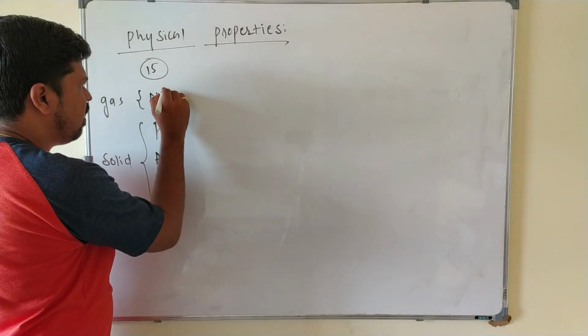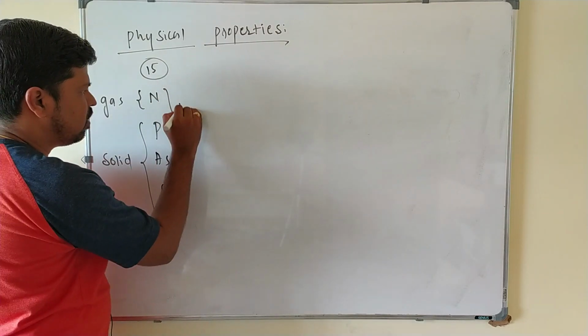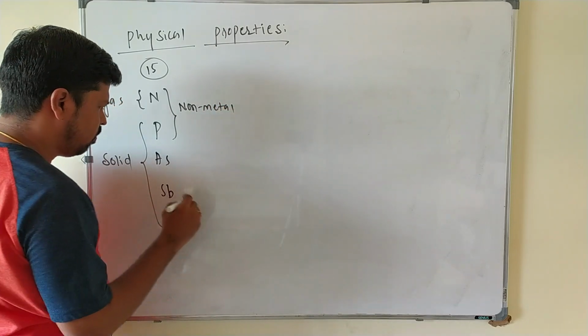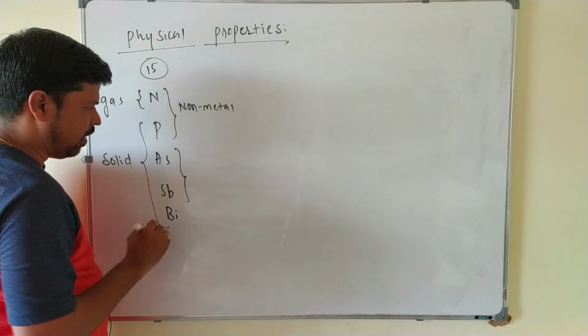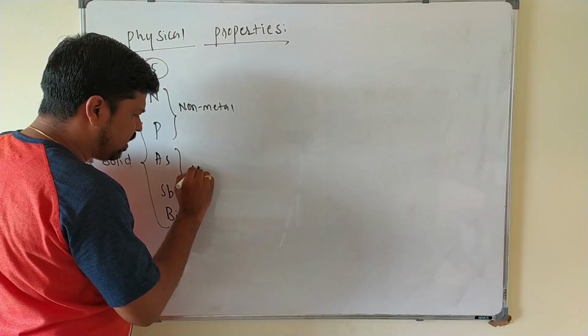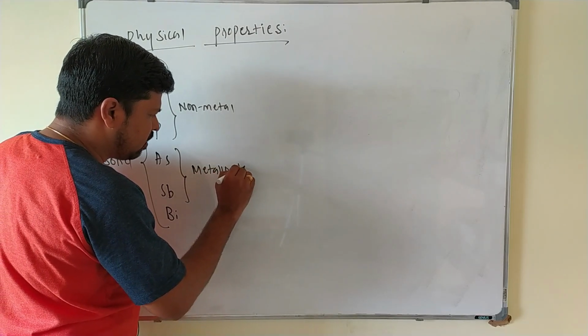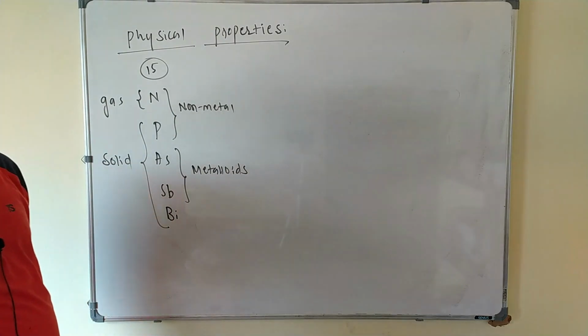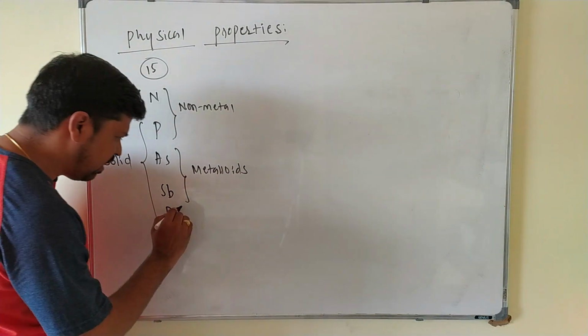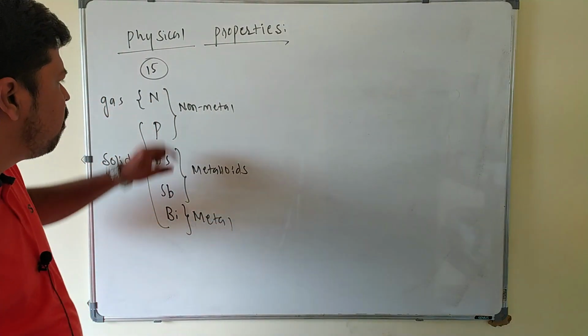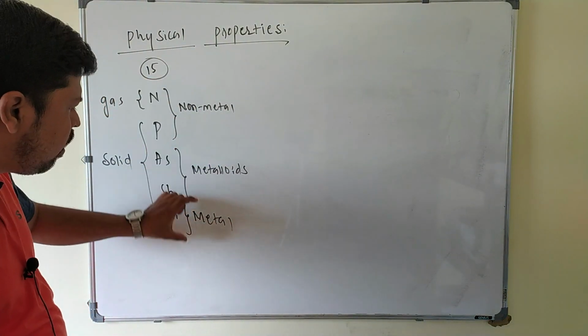Next, nitrogen and phosphorus, these two are non-metals. Arsenic and antimony, these two are metalloids. Metalloids are nothing but semi-metals, which have both metal as well as non-metal character. Next, bismuth is the metal. We can observe here from non-metal to metalloid to metal.